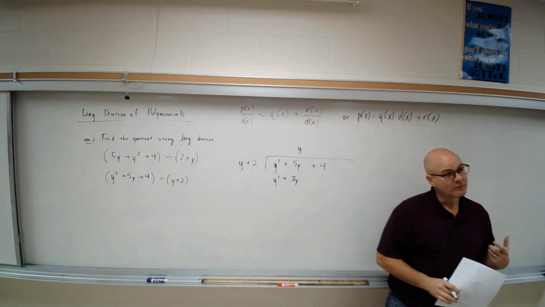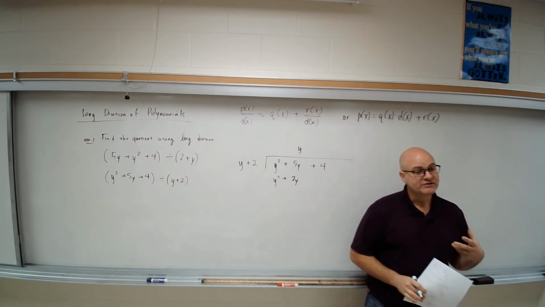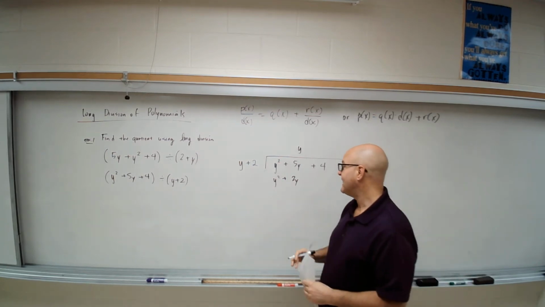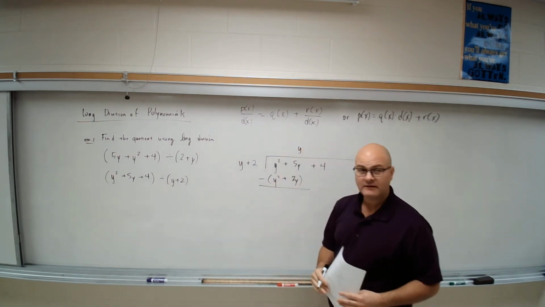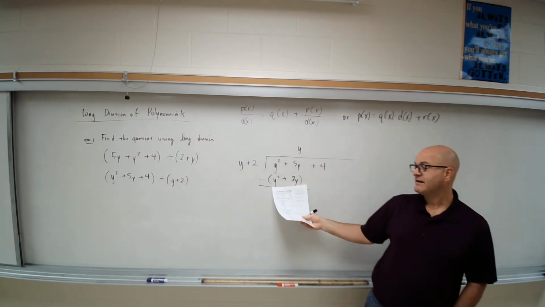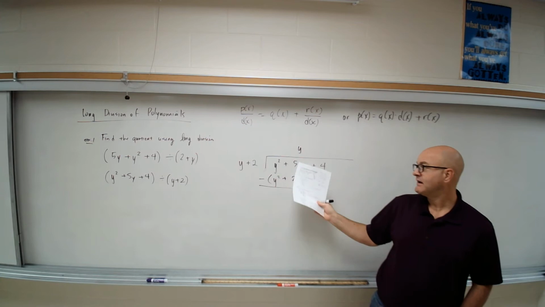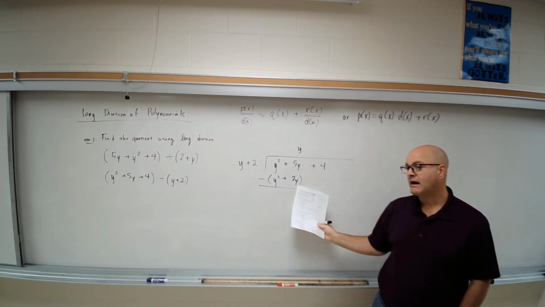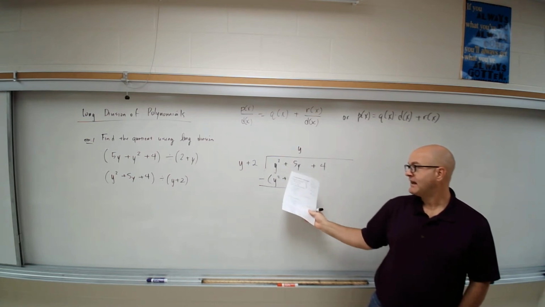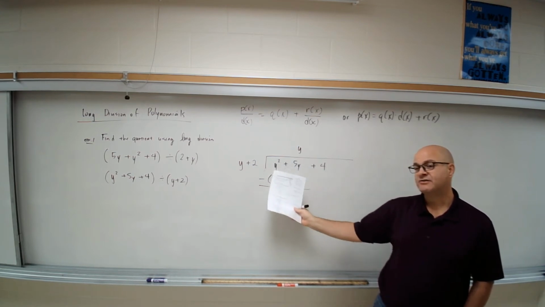Now here's what will be a little tricky, is to remember that we're still doing division, which is repeated subtraction. So in this case, I want to subtract that whole expression that I just got down here. Right? So I did y times y to get y squared, y times 2 to get 2y. Then I'm going to take these two terms and subtract these two terms.